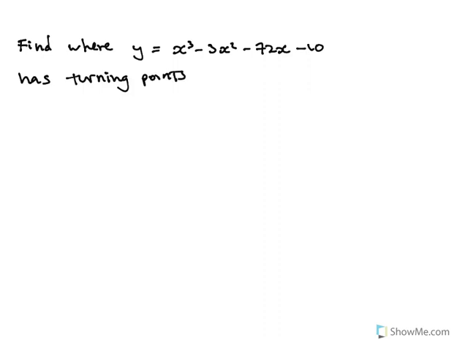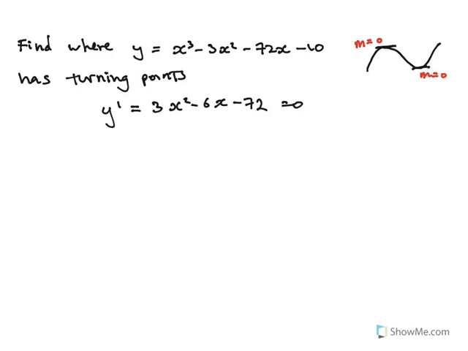It's a positive x cubed, so it's doing something like that. So in two places it's going to turn around. We have to find out where those two places are, and what we know is that at those points the gradient equals 0. So we find y dash and put it equal to 0. Y dash is 3x squared minus 6x minus 72, and that equals 0 at a max or min.